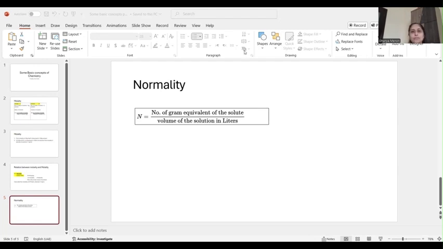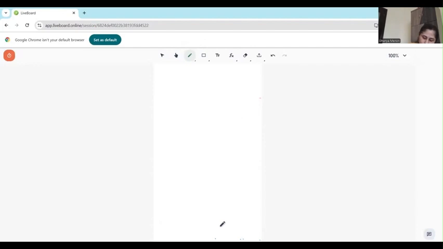Right. So let's check out. So students, we are talking about normality, which is denoted by capital N. And as I told you, normality is the number of gram equivalents of solute by volume of solution in liters.